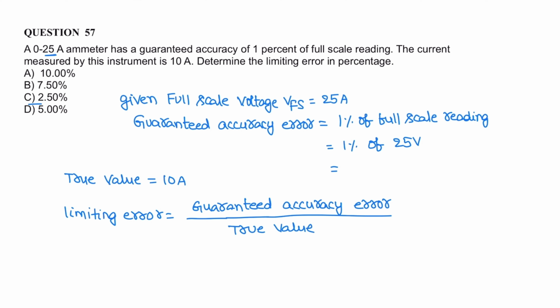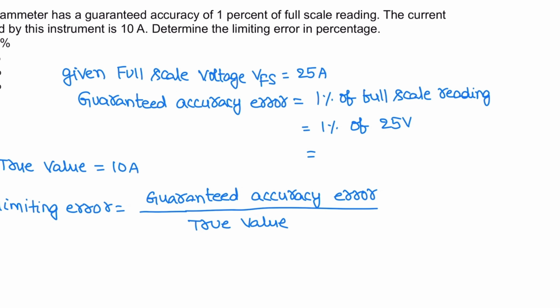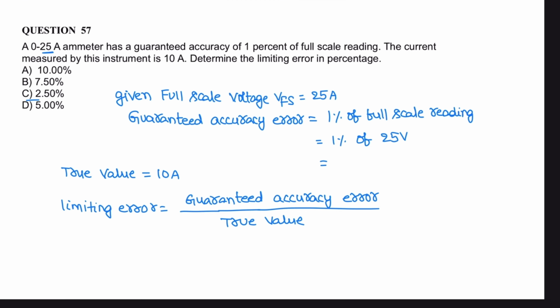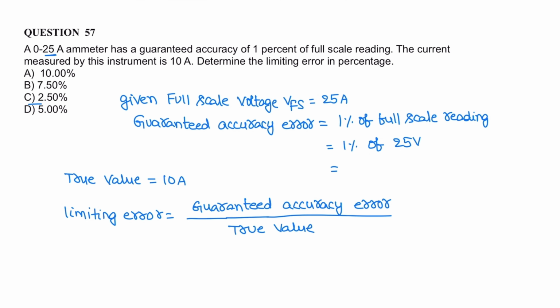So 1% of 25 is 25 by 100, 0.25. This is guaranteed accuracy error. Now true value is 10 ampere. Therefore limiting error is guaranteed accuracy error by true value, 0.25 by 10.